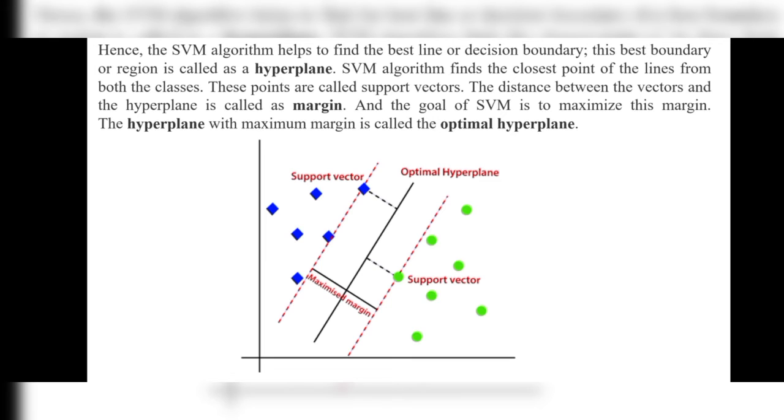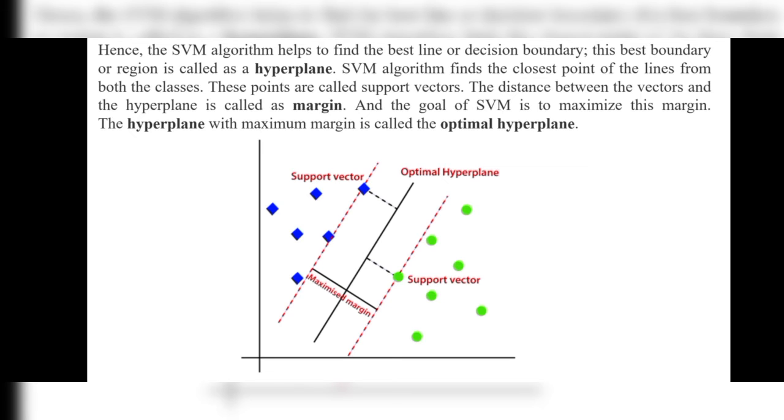The distance between the support vectors and the hyperplane is called the margin, and the goal of the SVM is to maximize the margin. The hyperplane with the maximum margin is called the optimal hyperplane. It will be drawn exactly in the middle.